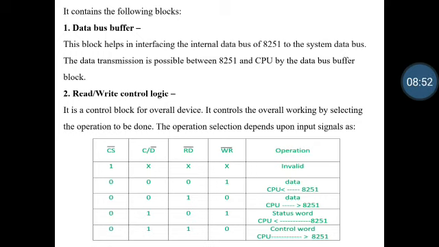When C/D bar and the write signal are active, the status word is transmitted from 8251 to the processor. And when C/D bar and read signal are active, at that time the control word is transmitted from the processor to the 8251. So in this way I explained the two blocks, the data bus buffer and the read write control logic, and how they are used in the 8251.